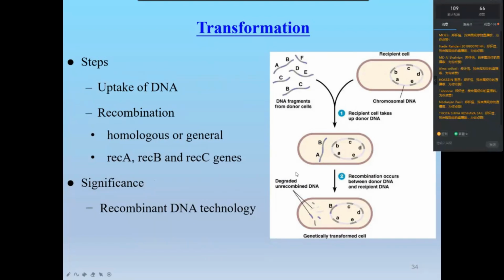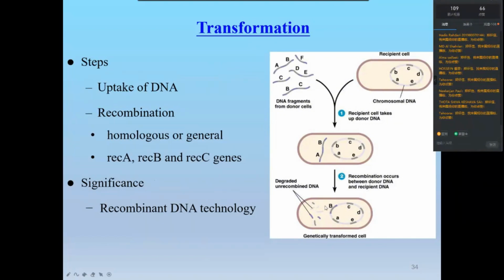And then the next step is that some of the genes in the DNA can integrate into the chromosome. This procedure we call recombination. So after recombination, this capital B gene is now integrated onto the chromosomal DNA.